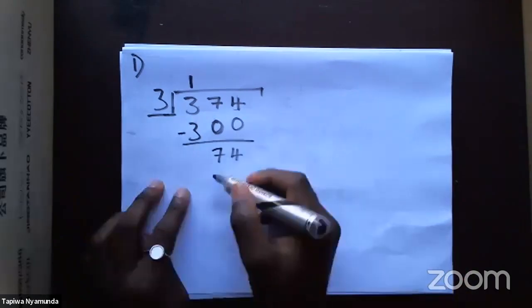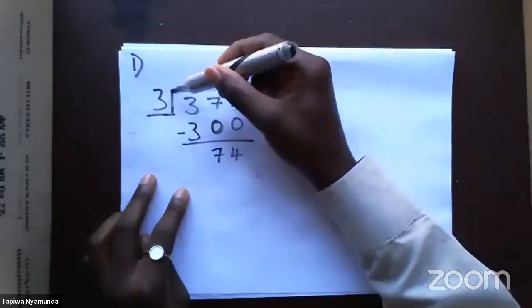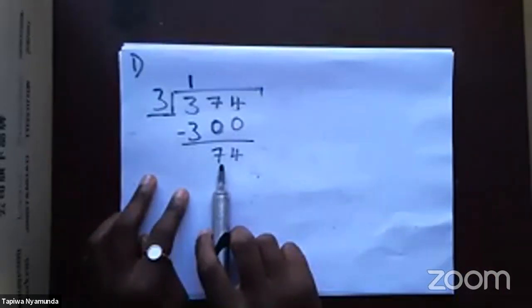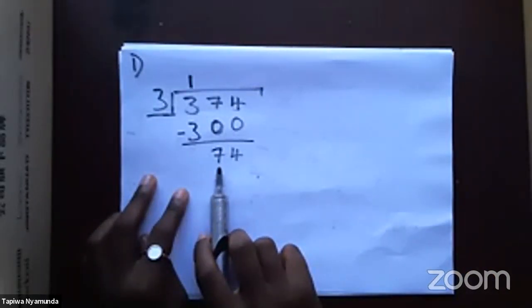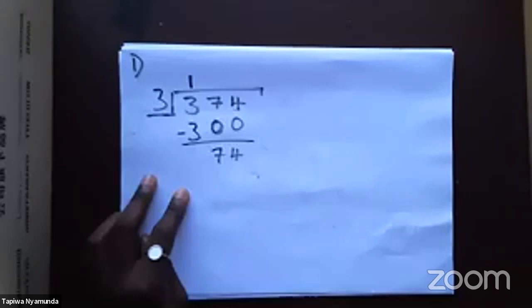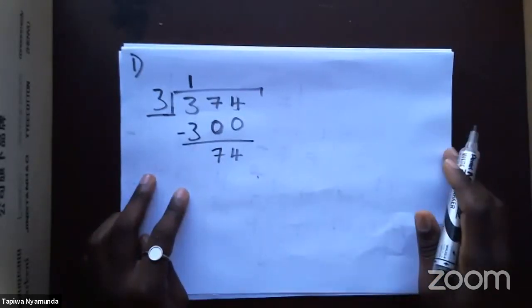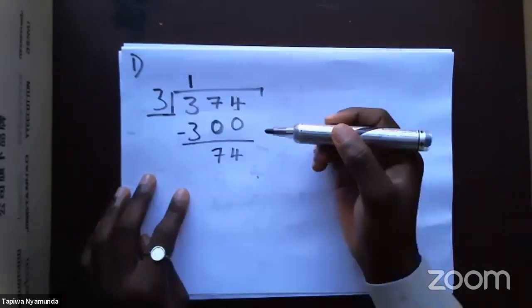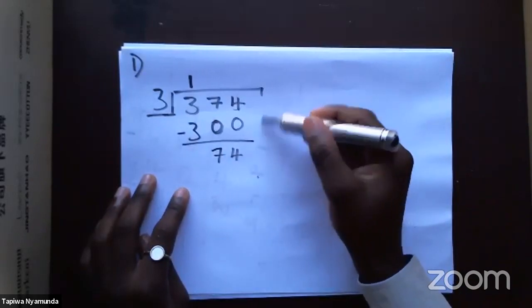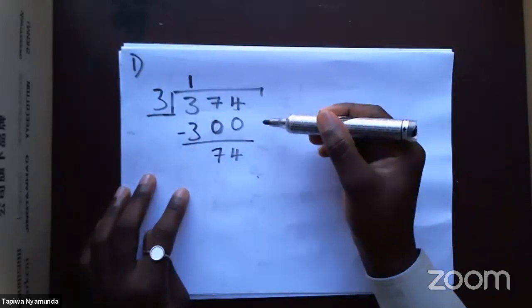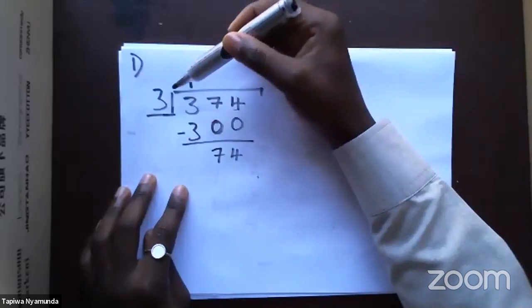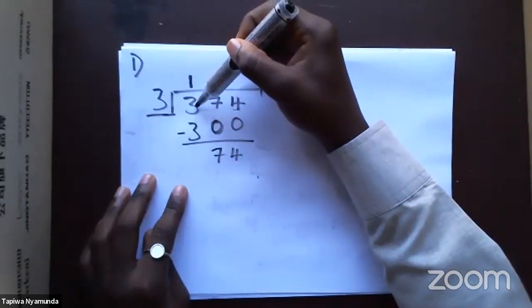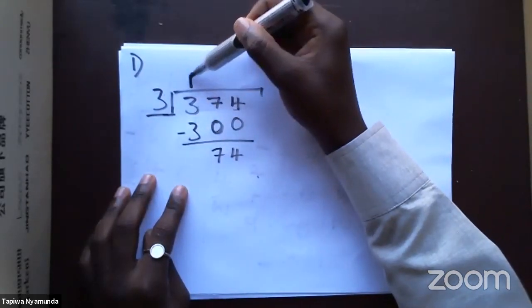Then we move on to here now. You can follow what I'm doing. We are saying 3 divided by 3, we get a 1.